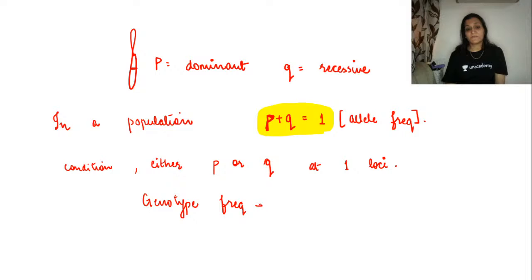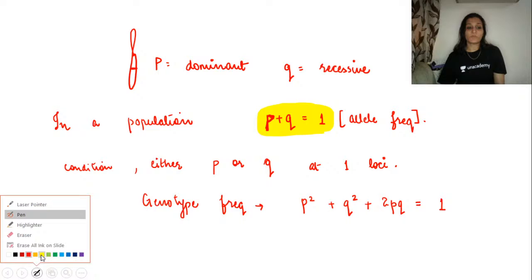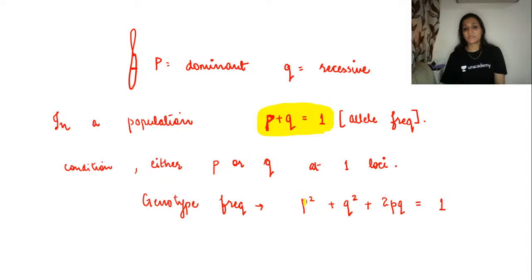So for the genotype frequency, a person can be homozygous dominant for both of the genes, homozygous recessive for both of the alleles, or heterozygous for those alleles, having dominant and recessive both. This is equal to 1. So this is also one of the formulas of Hardy-Weinberg law.